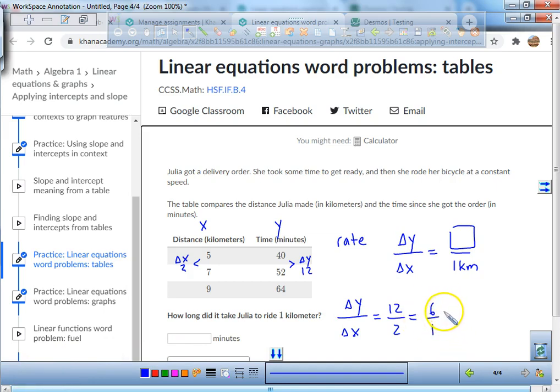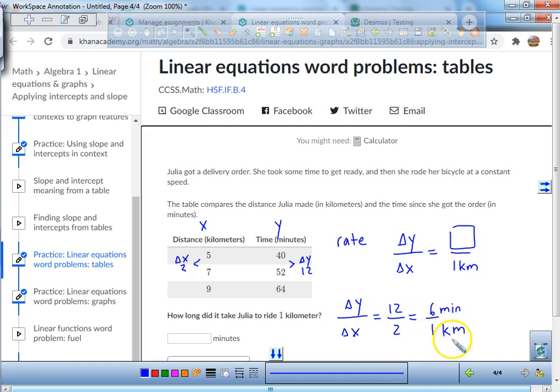It means this is the change in the time. So in 6 minutes she can go 1 kilometer. In 12 minutes she can go 2 kilometers.